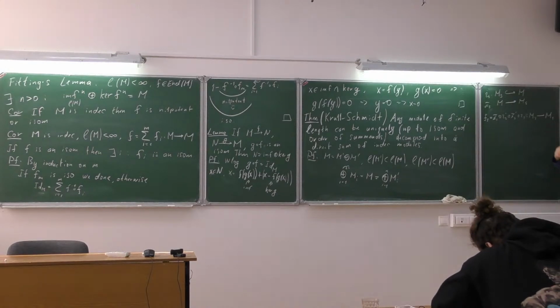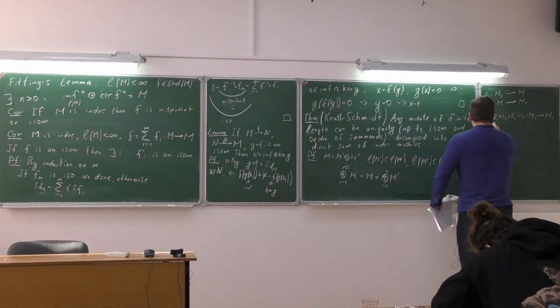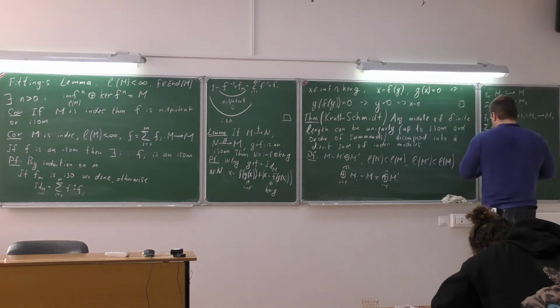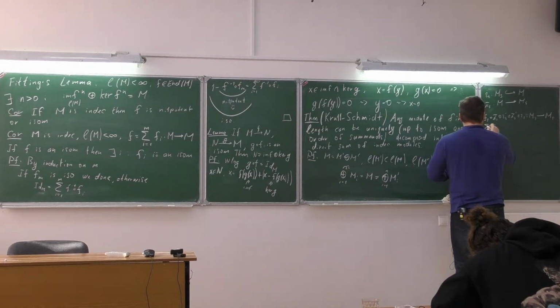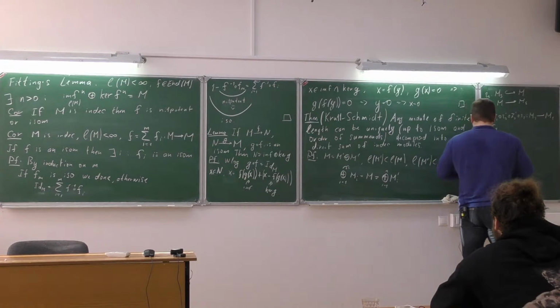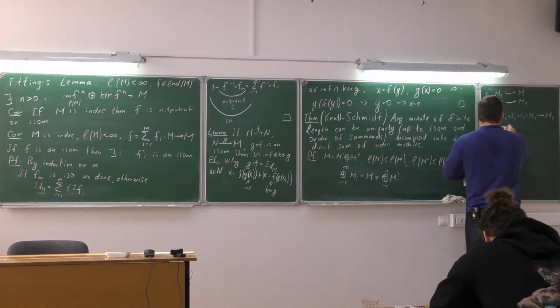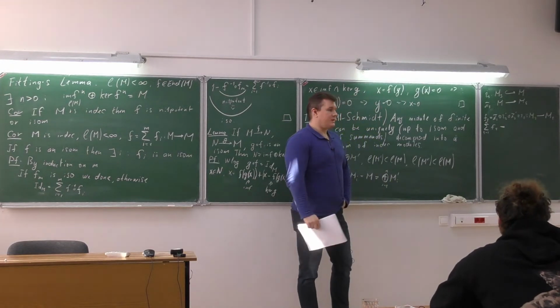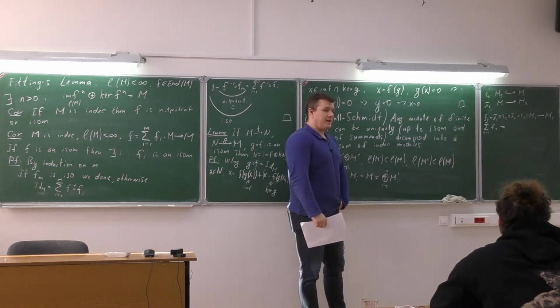Now, what is the sum of all these F_s? Now s is running again between 1 and n, so this corresponds to the second decomposition. So who can tell me what the sum is if I take the sum of all such F_s?